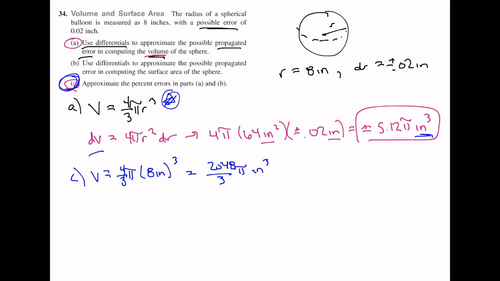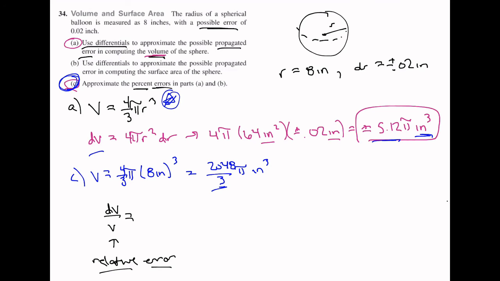So comparing what our error is to what the actual value should be is the same as the proportion dV over V. This is called, and this is important, you want to get this in your notes, this is the relative error. And we're going to find the relative error to get our percent error. It's just a matter of moving a decimal or multiplying by 100.